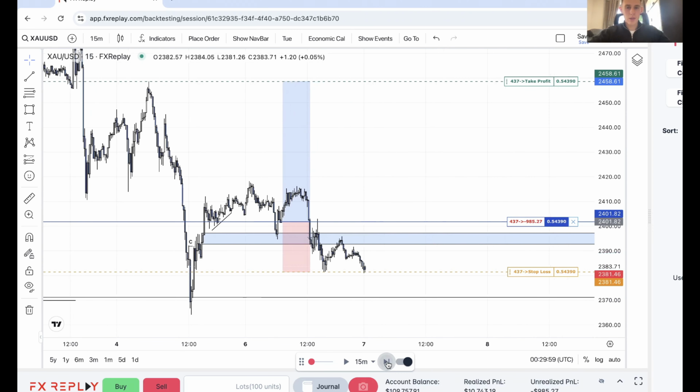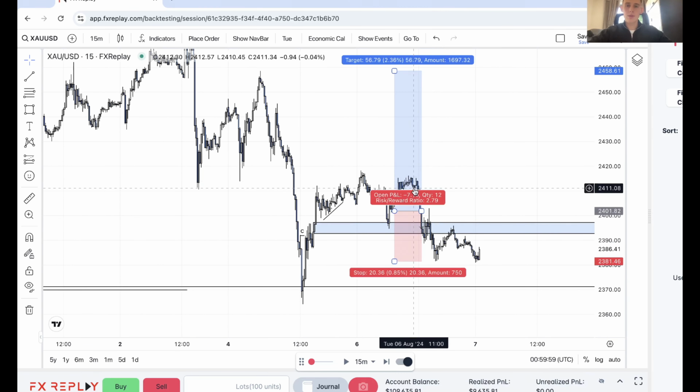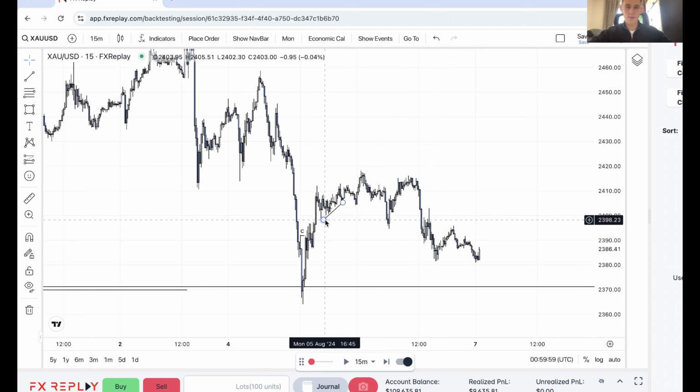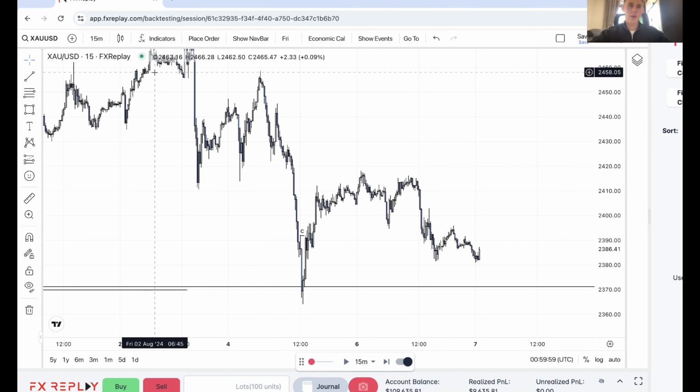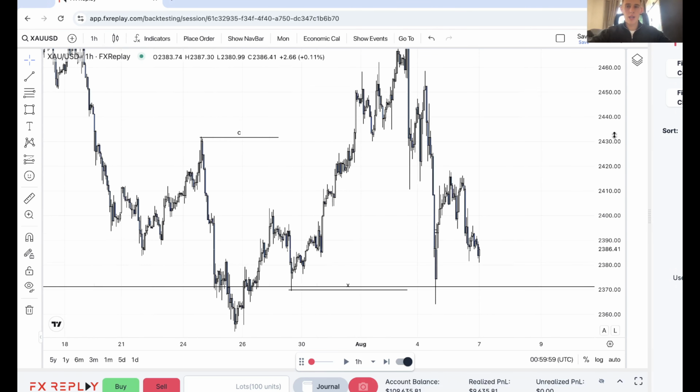Doesn't look good, to be honest. Cool, there we go. So first loss of the session. Still see this going higher, to be honest, but I'm not seeing anything for now.